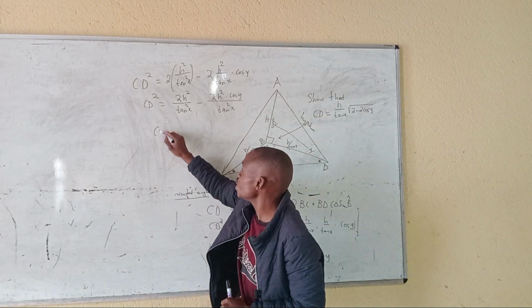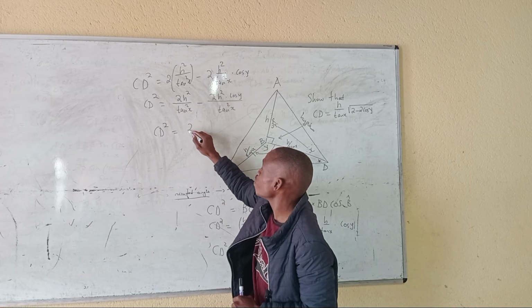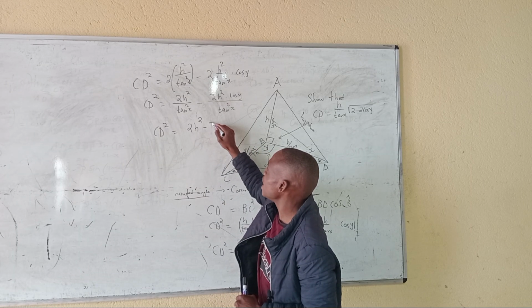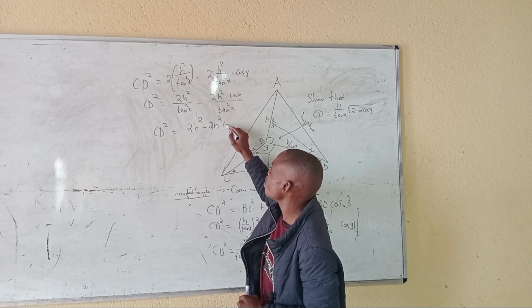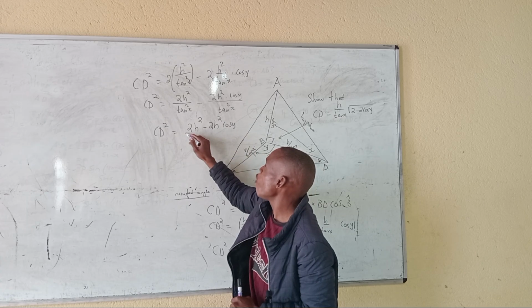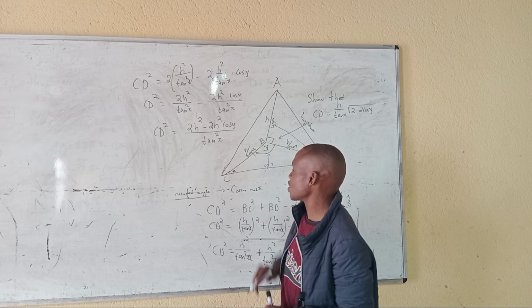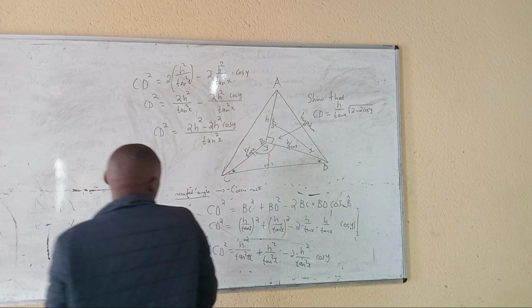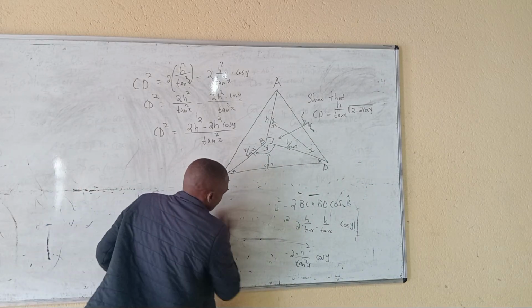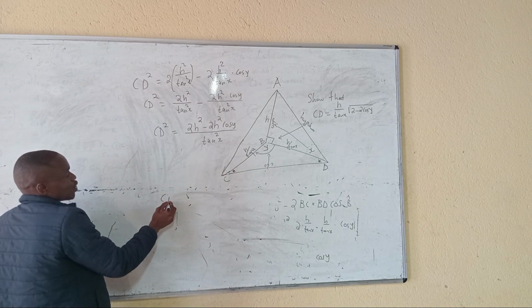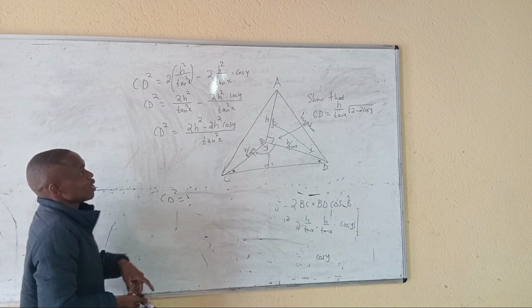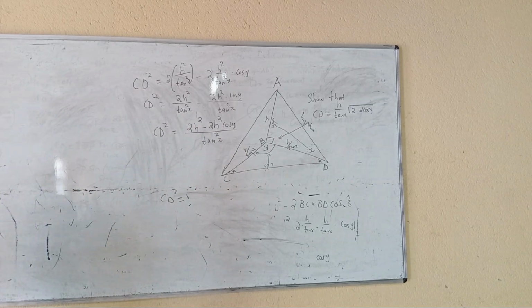We can say CD squared equals 2H squared minus 2H squared cos Y over tan squared x. CD squared equals, you have a common factor. What is the common factor in the numerator?